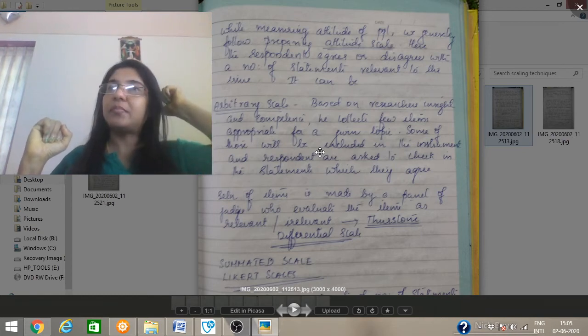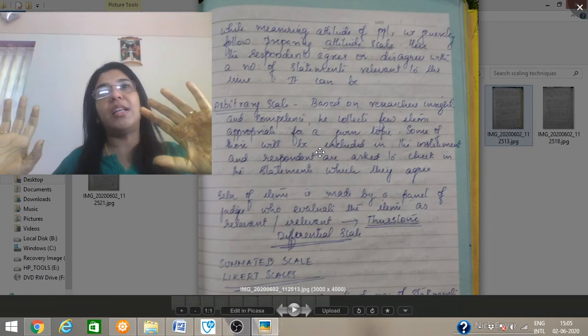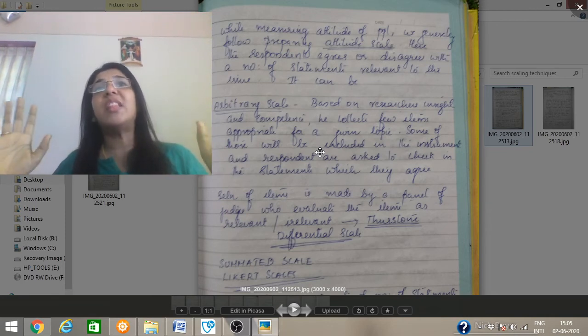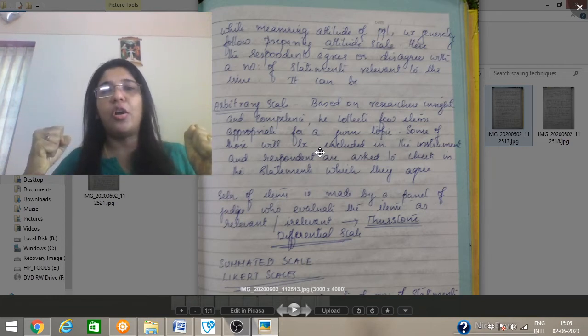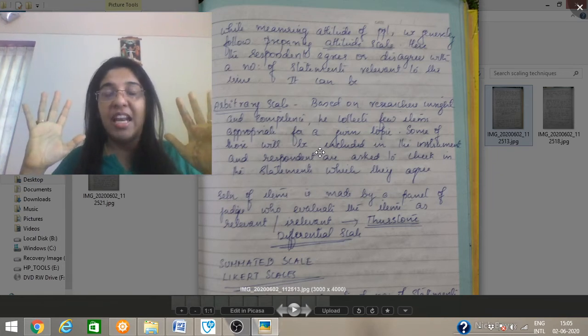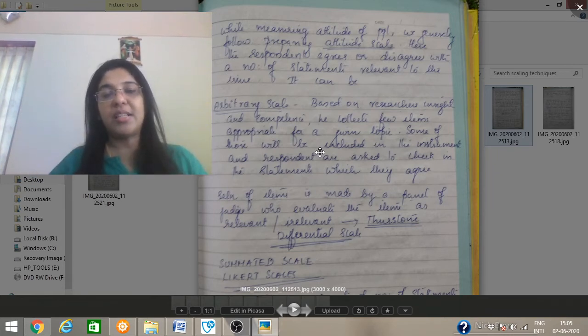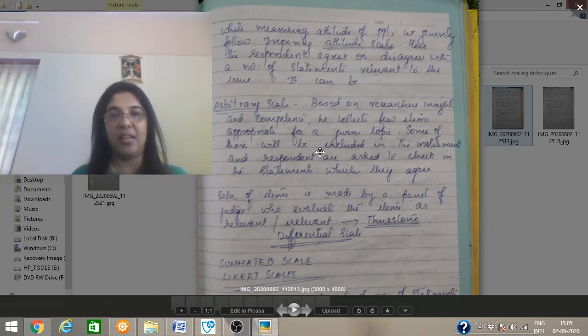That is, arbitrarily you make an attitudinal scale, or you discuss with the experts in this field whether this variable is relevant or irrelevant, or you have strong literature or a theoretical background to support that these variables are relevant to your research. So that is called Thurstone differential scaling.